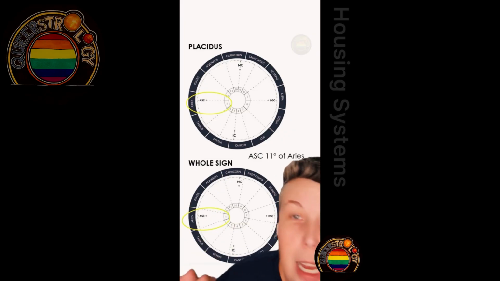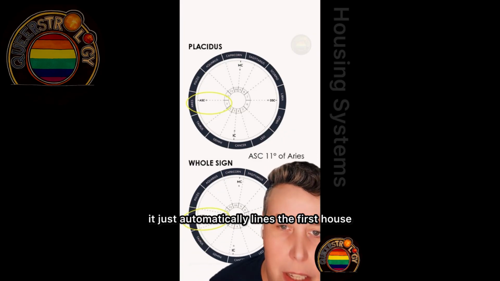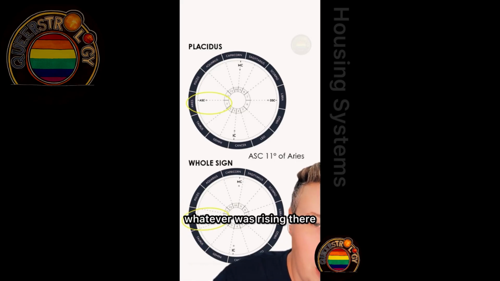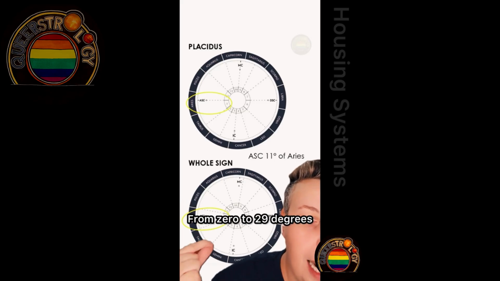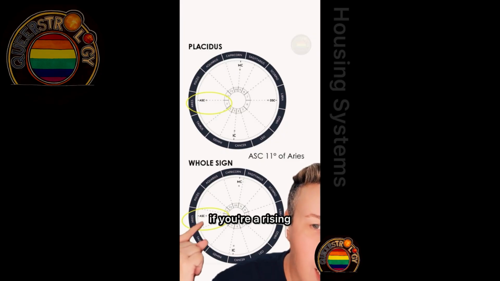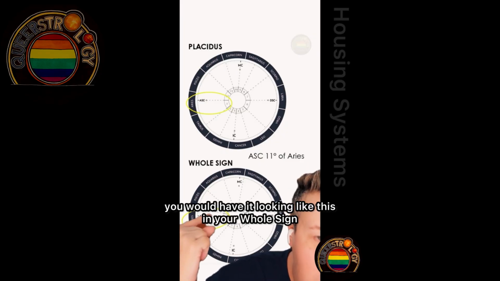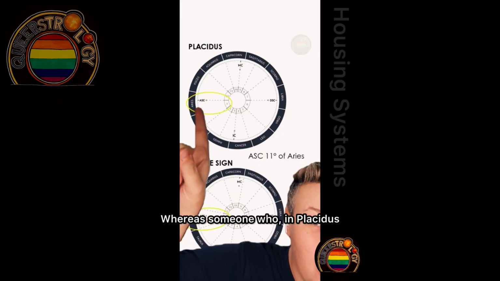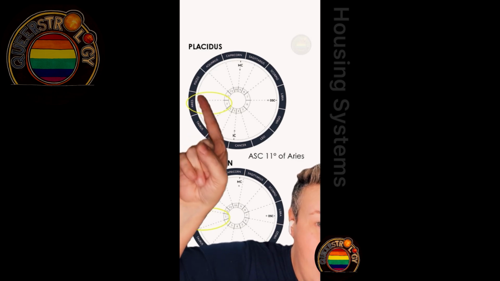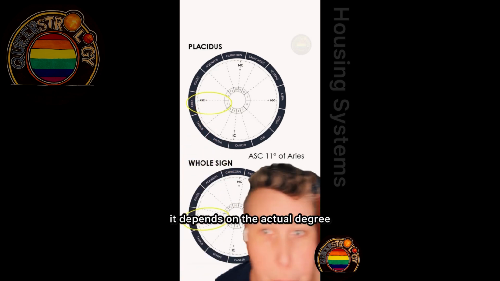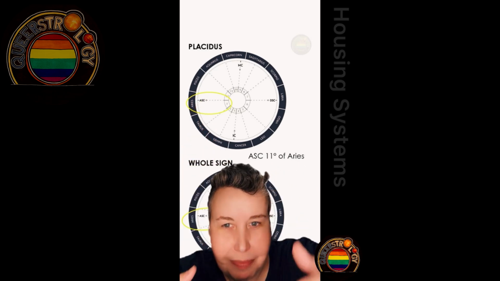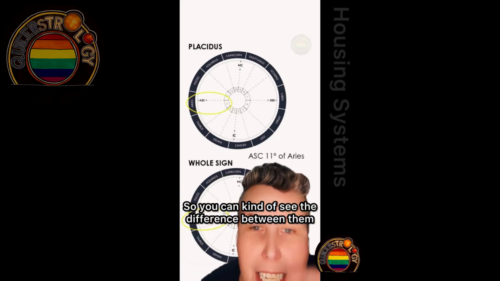And it just automatically lines the first house up with whatever was rising there, no matter what the degree. From 0 to 29 degrees, if you're a rising, you would have it looking like this in your whole sign. Whereas in Placidus, no matter where it is, it depends on the actual degree. You see what I mean? So you can kind of see the difference between them.